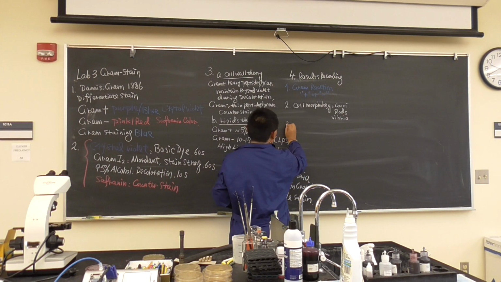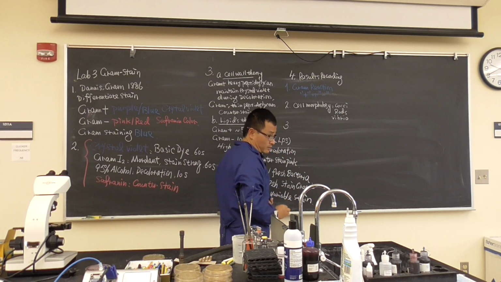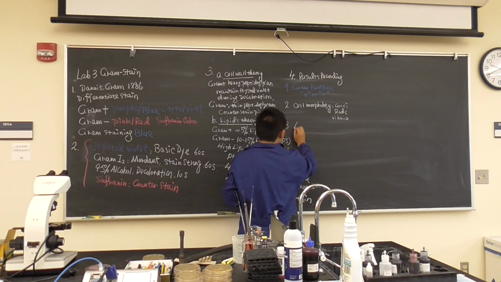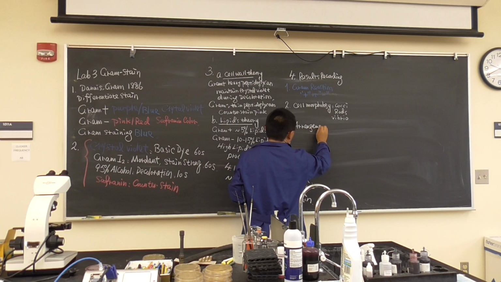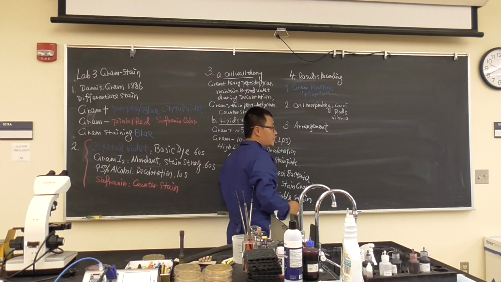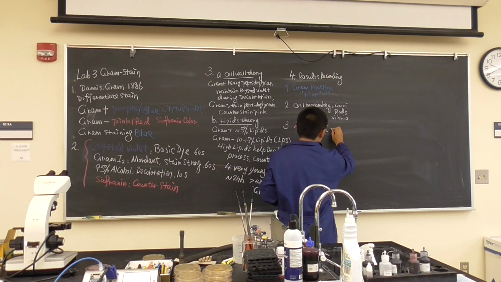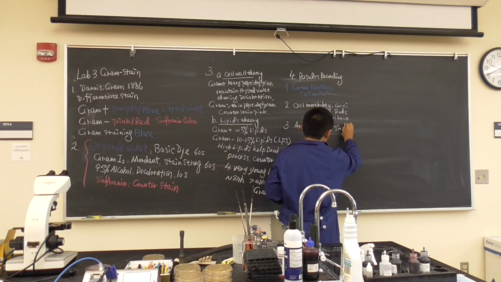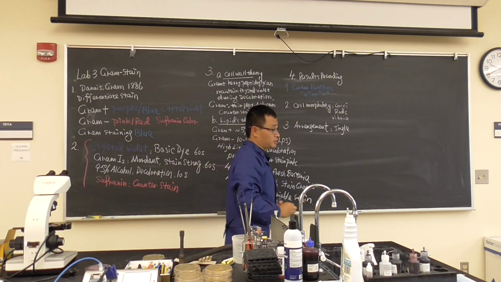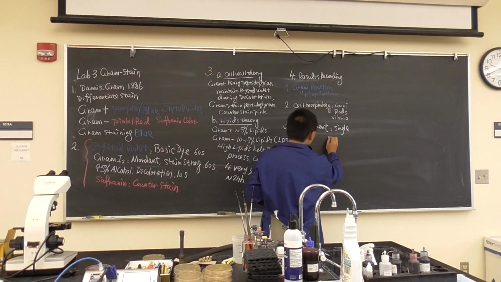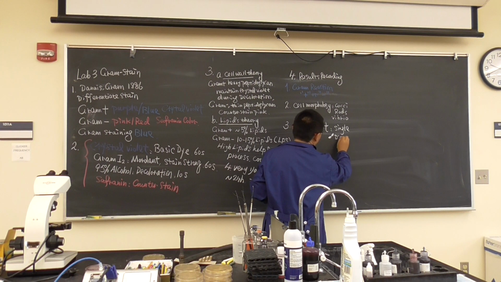Number 3, always remember there's another thing, arrangement. What does arrangement mean? How they stack together. It could be single, like E. coli, you already know it's a single cell. It could be 2 of them stacked together, which we call a diplococci.